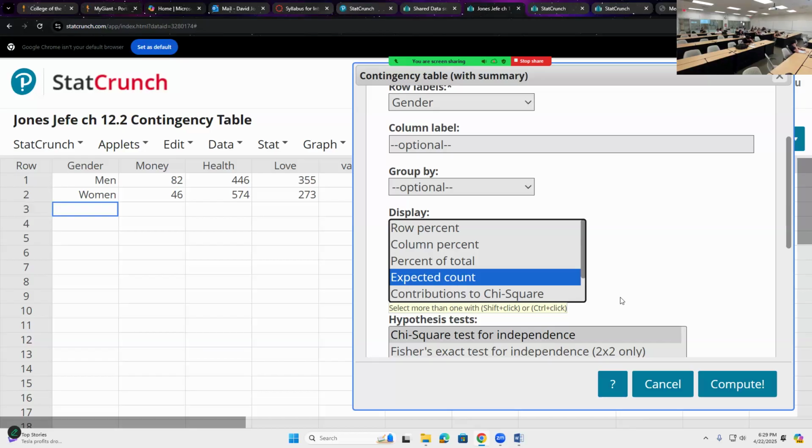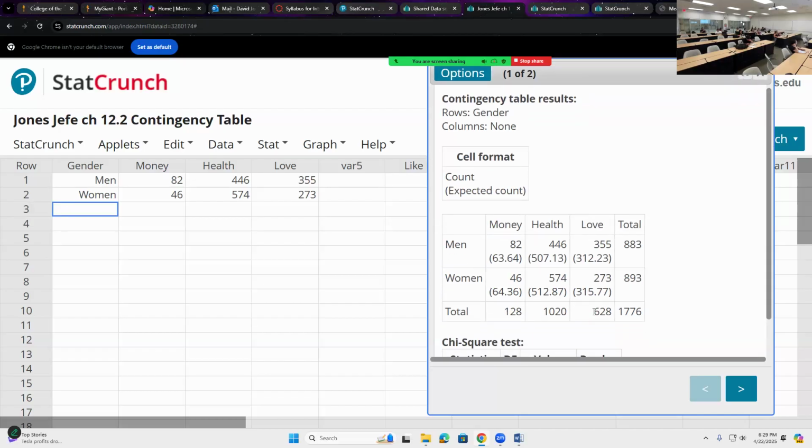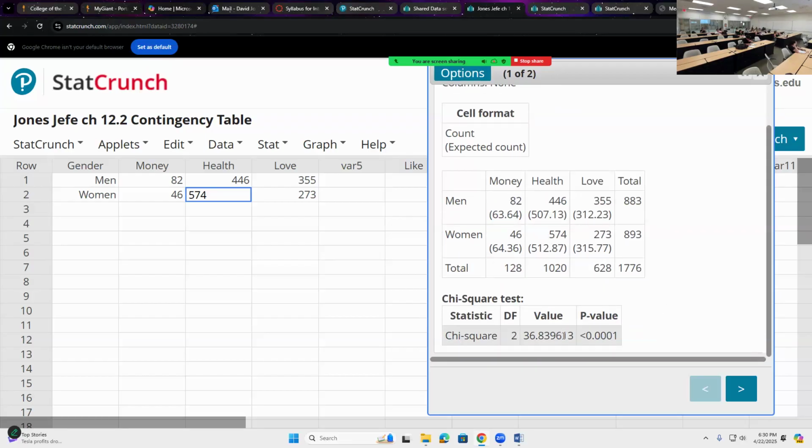I'm gonna click on expected count, but then I'll show you the other ones. Because there's a different total for each group, 883 and 893, if they had the same percentages, the things in parentheses are what the expected values would be. That's how you read this. You can see the 82, 446, 355, those are the numbers right there, so the ones in parentheses are what would be expected. Come down, get that chi-square table.